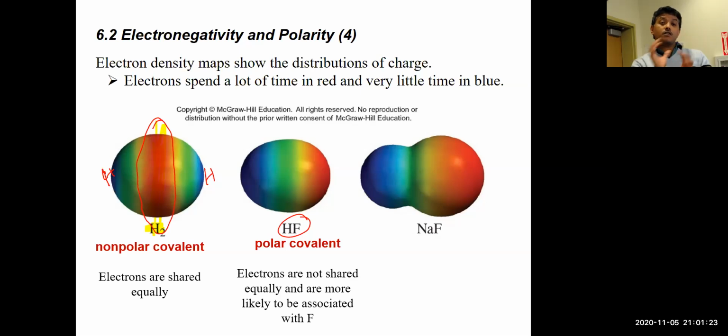The electron cloud is tilted towards the more electronegative atom, because electronegativity is the ability of attracting electrons towards itself. If you have hydrogen here and fluorine here, you can clearly see that the electron cloud, which should be in the center, is shifted towards the fluorine and staying next to fluorine more. This makes the HF bond electronically active because hydrogen has kind of lost electrons.